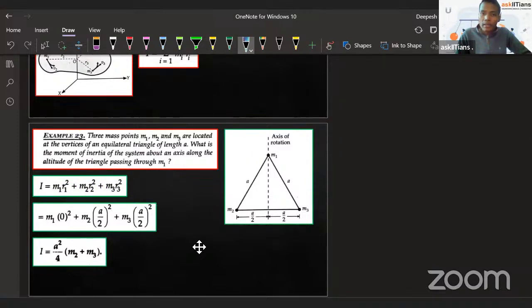Now you will see that mass M1 is 0 distance away from the axis of rotation. That's why it's 0. Similarly, mass M2 is a by 2 distance away from the axis of rotation, that's why we are using a by 2 over here. And similarly, mass M3 is also a by 2 distance away from the axis of rotation, and that's why we are writing this. Similarly, we can do it for all the other things as well. Fine.